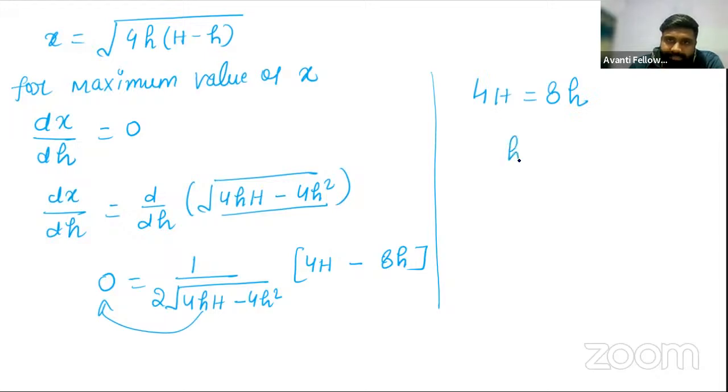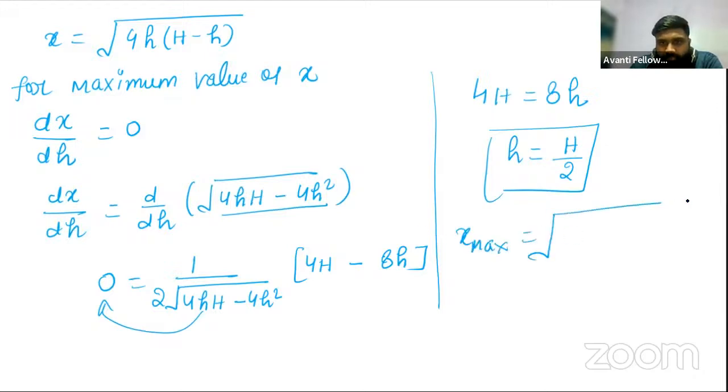Now you will have h is equal to capital H by 2. This is the value of h for which the range would be maximum. Now put this capital H by 2 in place of small h in this expression. So x maximum you will have as 4 capital H by 2, and H minus capital H by 2 will become H by 2.